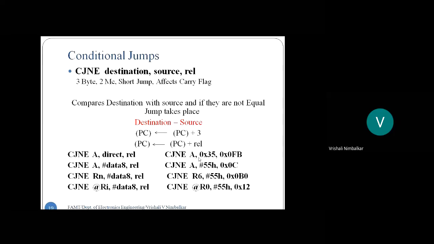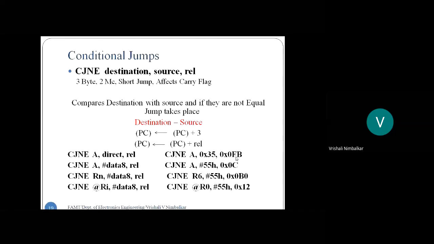CJNE A, direct: 35 is a memory address. Mention the direct address. And the relative is FB. So CJNE A, 35 hex, FB hex. The comparison is done between the accumulator and the data present at memory location 35 hex. And if the data is not equal, the jump is going to take place at FB.